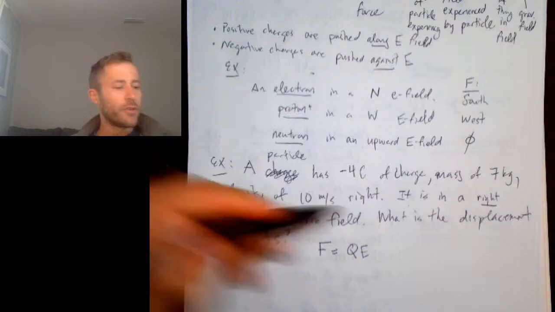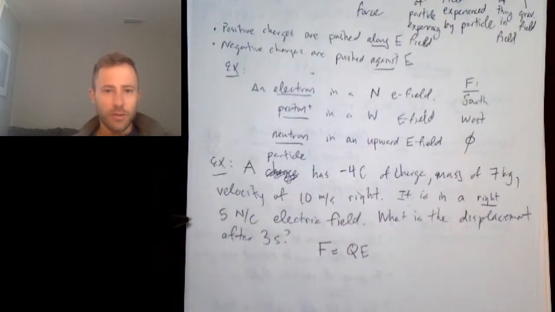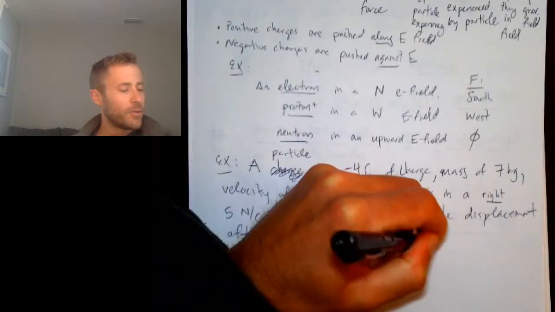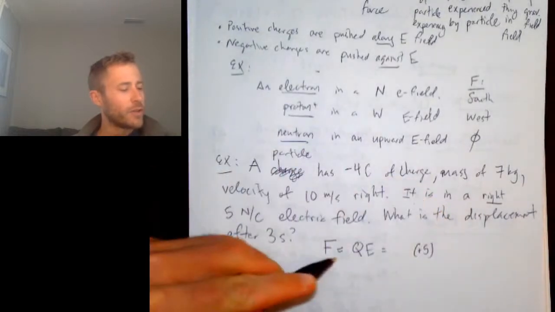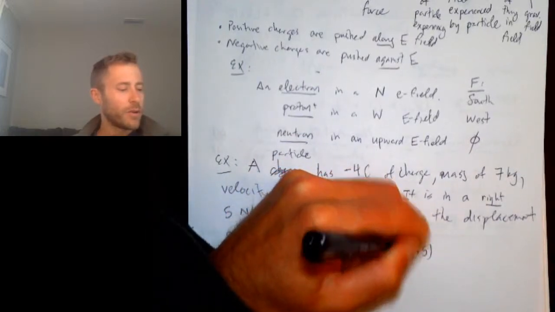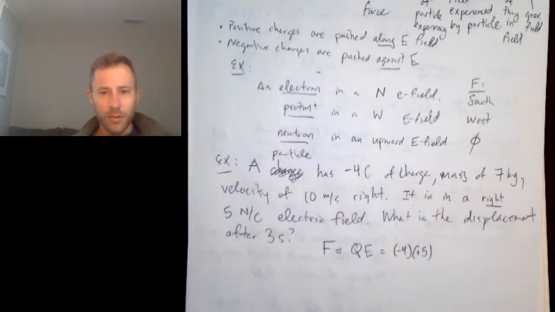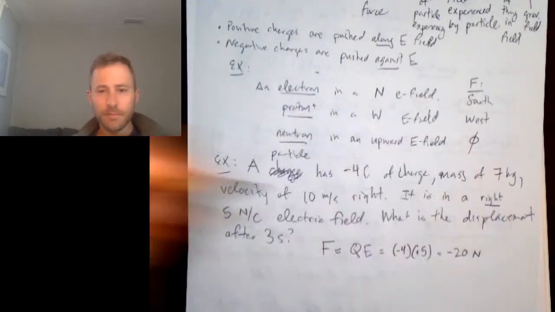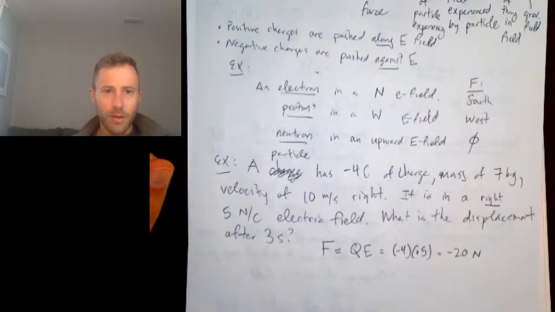Now the electric field is to the right, so the electric field is a positive number. So we have plus 5. And then the charge is a negative number, minus 4. So that's a force of negative 20 newtons.